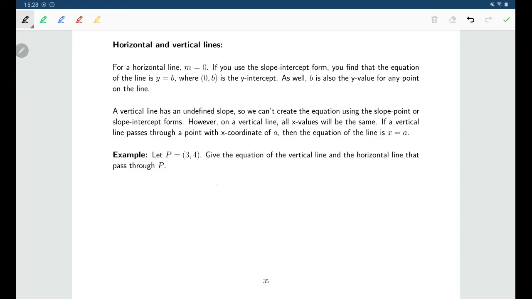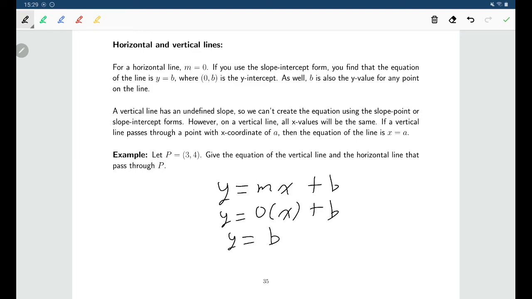That means that if you're thinking about that slope-intercept form for the line, since the slope would be 0, then the equation for your horizontal line should just be y equals whatever the y coordinate is where you pass through the y-axis.